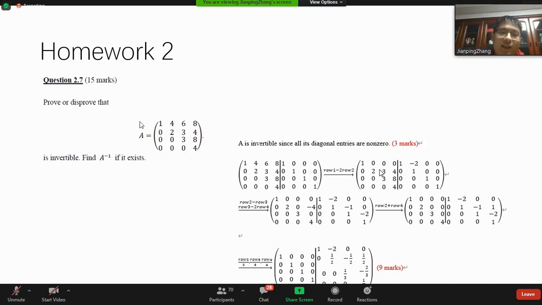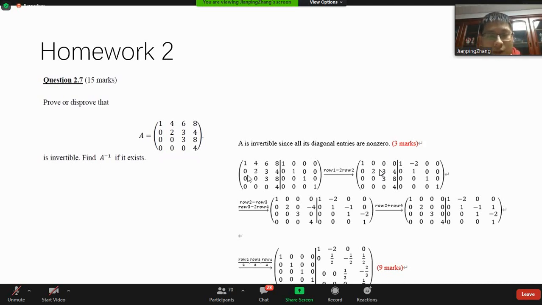You just say that you observe from the matrix, or you can do row operations to transform it to a reduced form, and you observe it. It's a full rank matrix, or all the diagonal values are non-zero. So you can just say that to prove it exists.